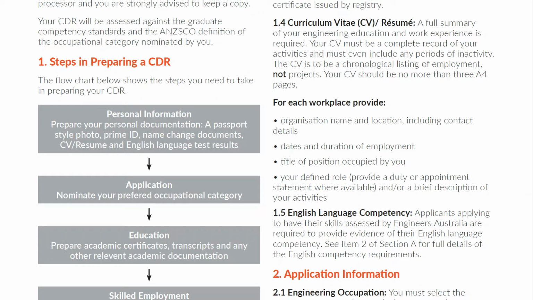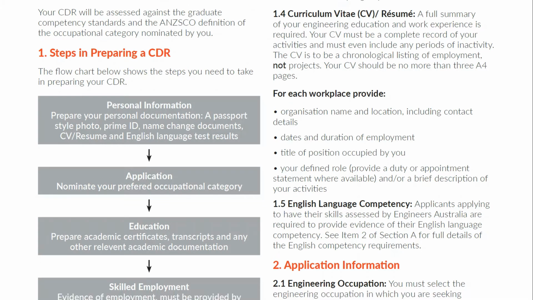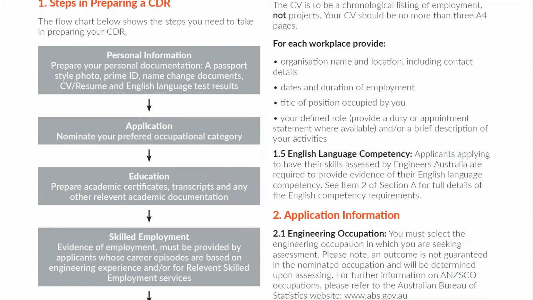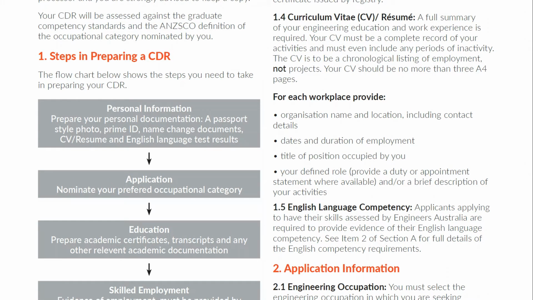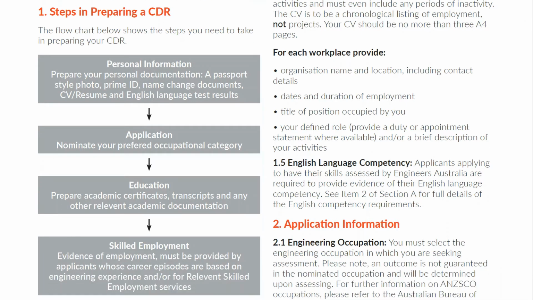Application nomination: you mention your preferred occupational category, education, and skilled education, which you also cover in your career episodes. You also have to produce your resume according to your qualifications. For the workplace, you have to provide details of the work you are doing and the projects you mentioned in your career episodes, plus English language competency.